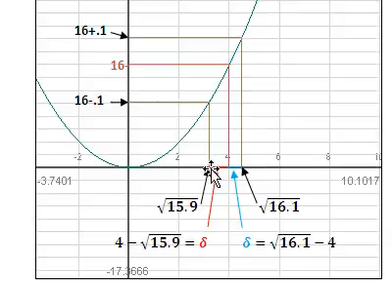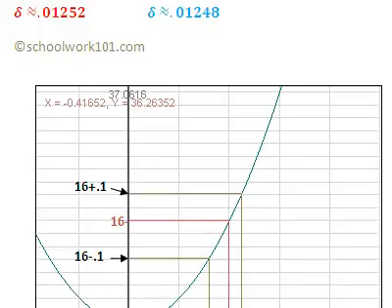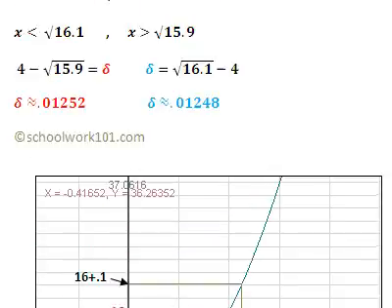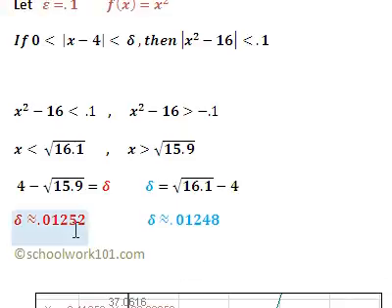Now I want you to look at this. You can clearly see that this red line is longer than the blue line. So we're going to be choosing this delta right here. Now it's been exaggerated in the graph, but you can see that the red delta, which is 0.01252, and the blue delta, which is 0.01248, is a smaller number.